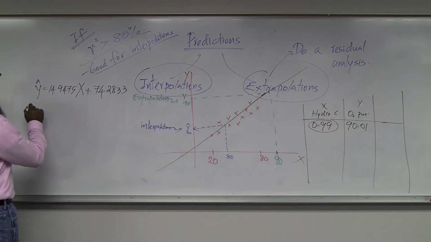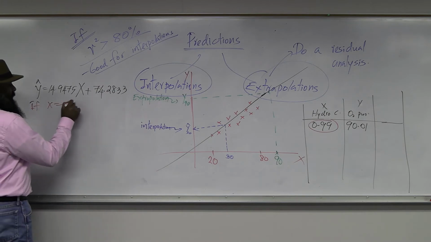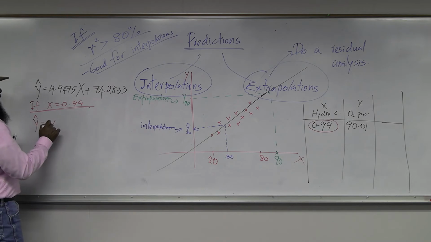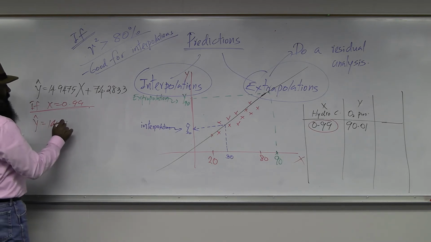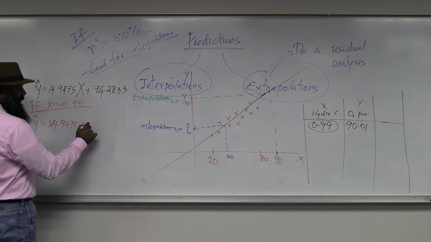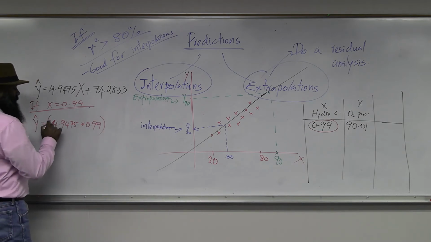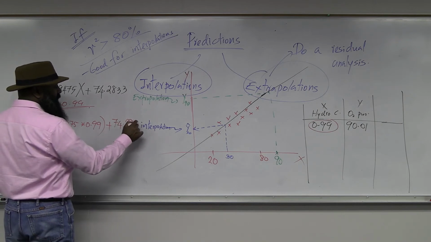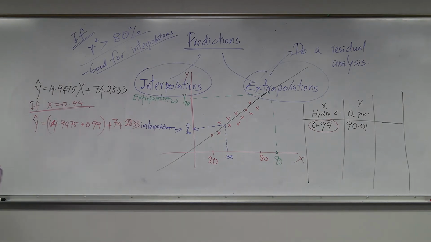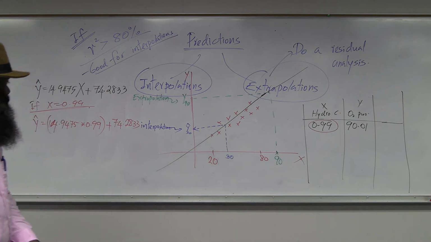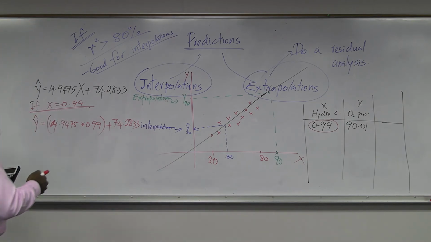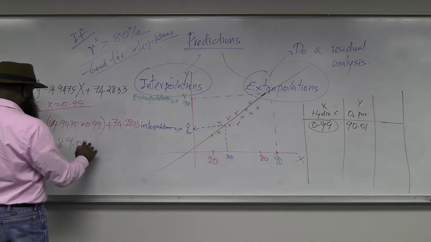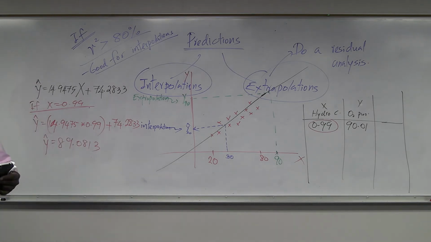So if x equals 0.99, the y hat value will be equal to 14.9475 times 0.99 plus 74.2833. Now we can find that value easily. I got y hat equals 89.0813. That's if you go for 4 decimals.